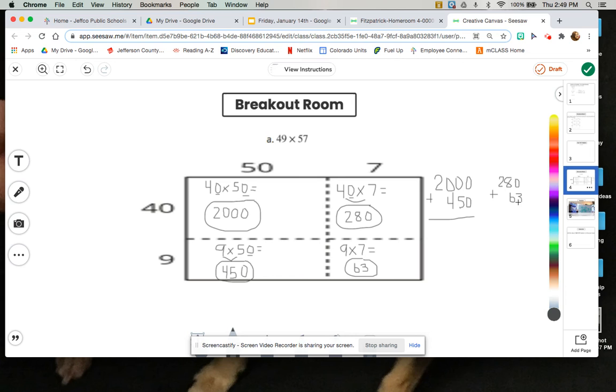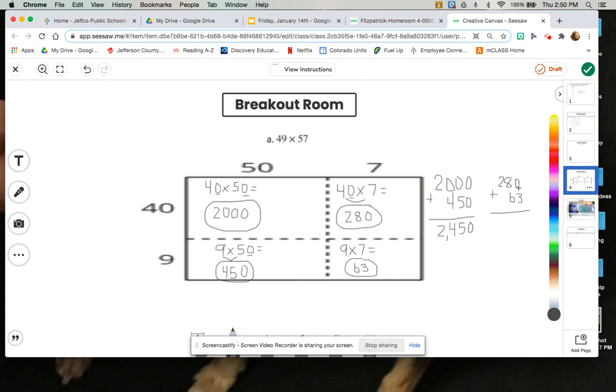And we're going to go ahead and get partial products for these as well. Okay, so 0 plus 0 equals 0. And students are using the algorithm for addition. In third grade, they were taught how to use the algorithm for addition and subtraction. 0 plus 5 is 5. 0 plus 4 is 4. And 2 plus 0 is 2. And so our partial product for that is 2,450.